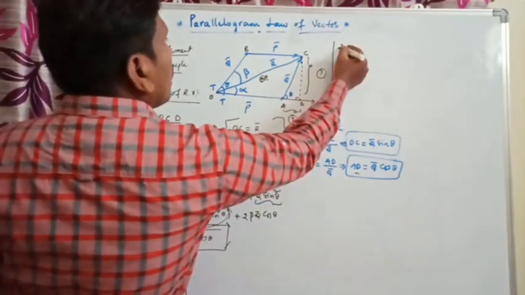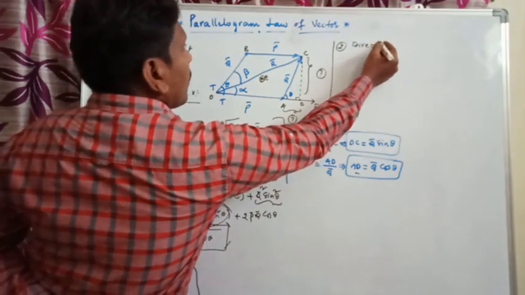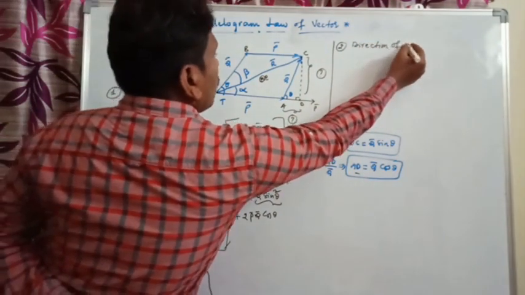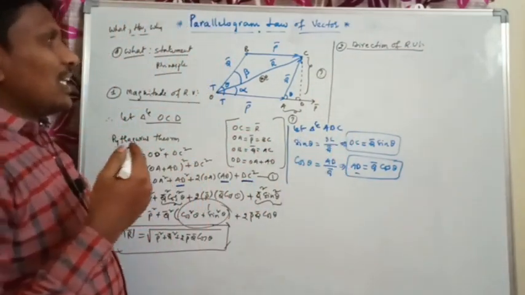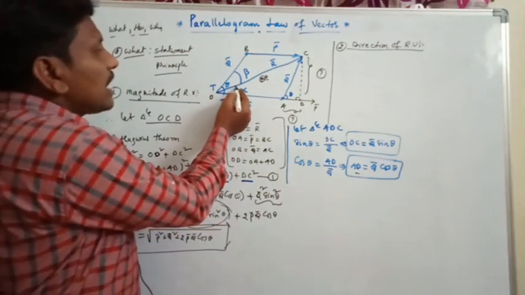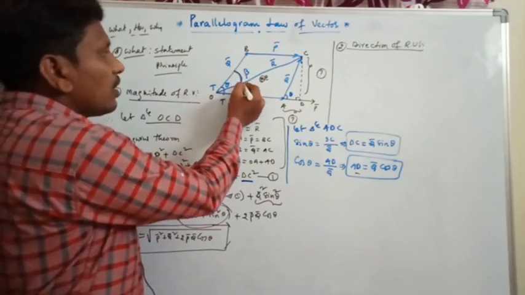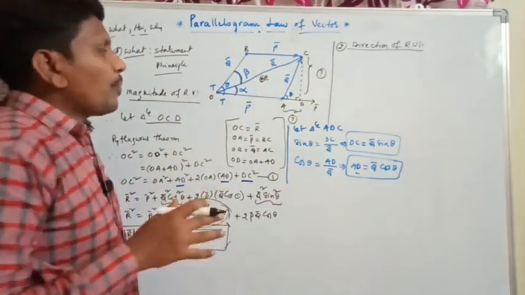Now the second one is the direction of the resultant vector. What tells us the direction of the resultant vector? Always the angle of this one or this one tells us the direction of the resultant vector.